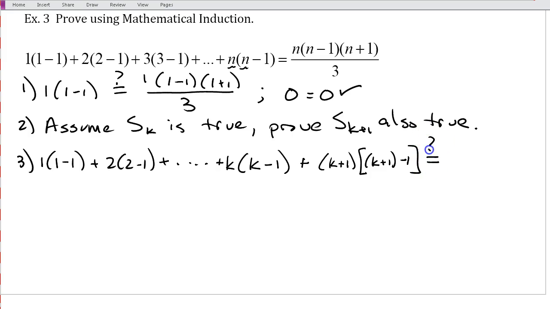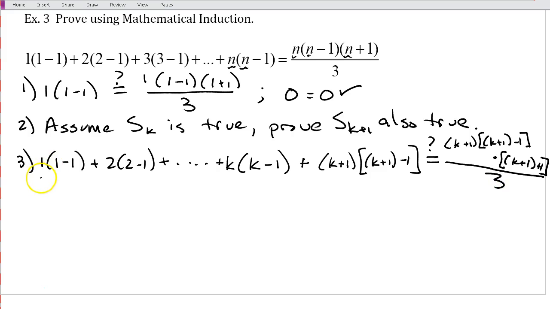And we want to show that that's equal to, so all of these n's we're going to plug in k plus 1. K plus 1 times k plus 1 minus 1 times k plus 1 plus 1 all over 3. We want to show that those are equal.